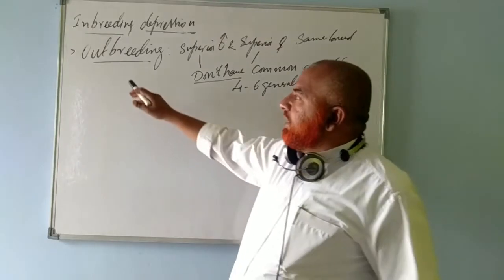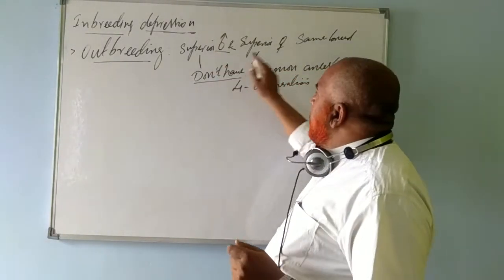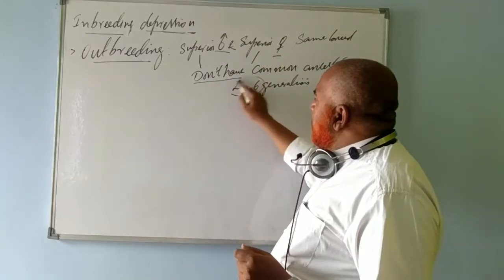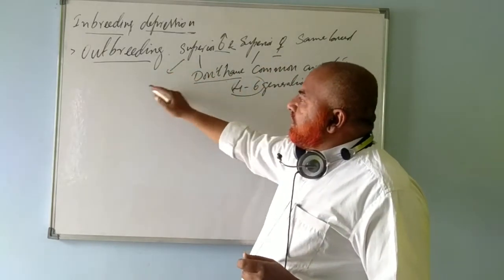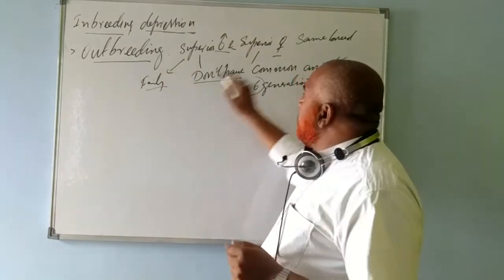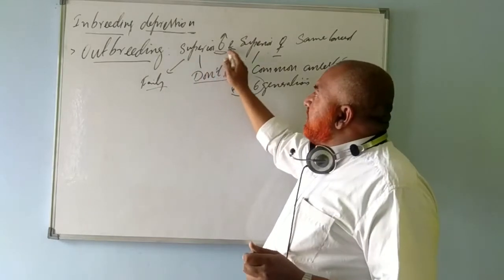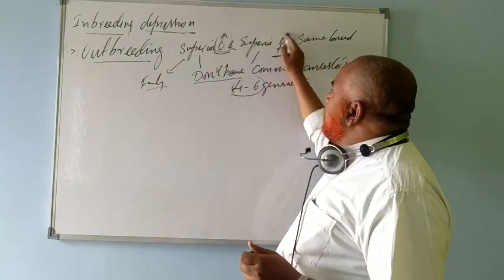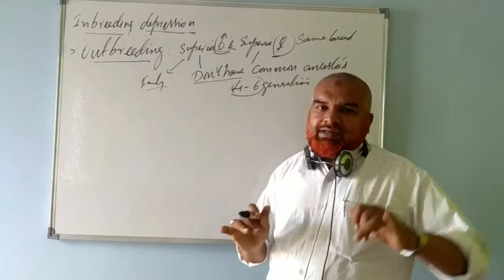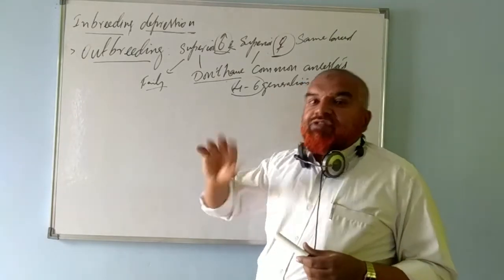We go for outbreeding. Why we call it outbreeding? Because the male and the female don't have common ancestors. This is from a different family. For understanding, I'm using this word family. This is from a different family, where the great grandfathers of this male and this female are not related, they are far from each other.